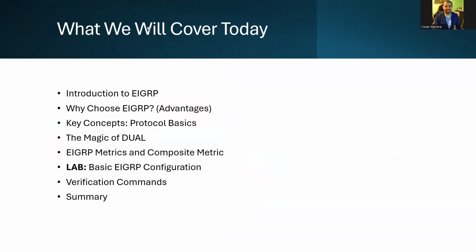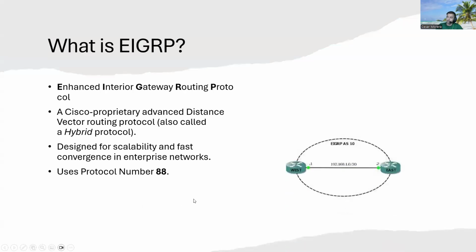We're going to cover an introduction to EIGRP, why choose EIGRP and its advantages, key concepts, protocol basics, the magic of DUAL, EIGRP metrics and the composite metric, the basic configuration of a lab, the validation of commands, and a summary of the topics. So let's start with this one.